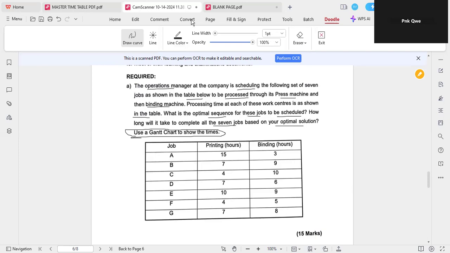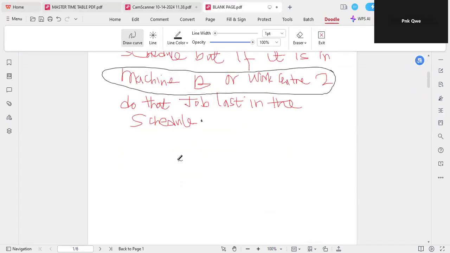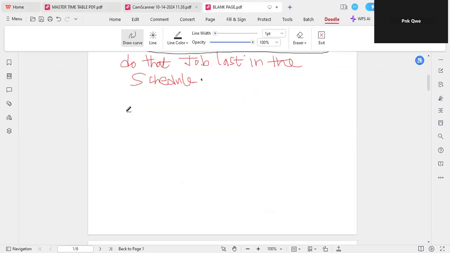Okay, so this is what we have. Here we have the job, in printing hours, and here we have also binding hours.